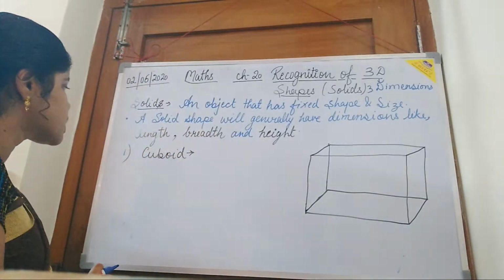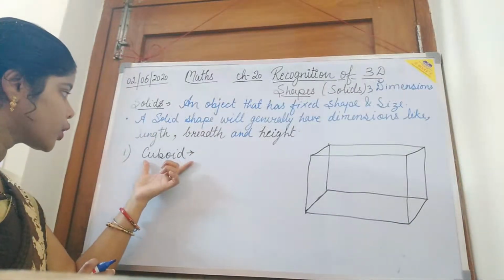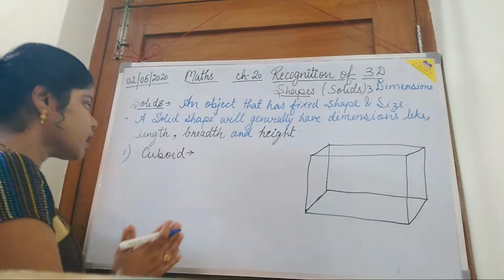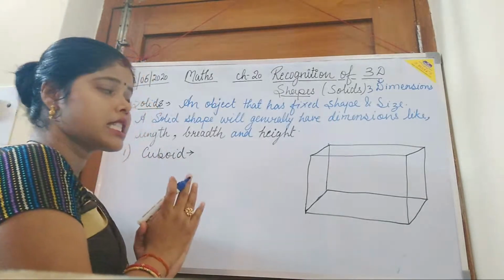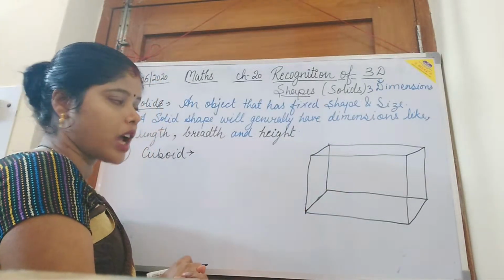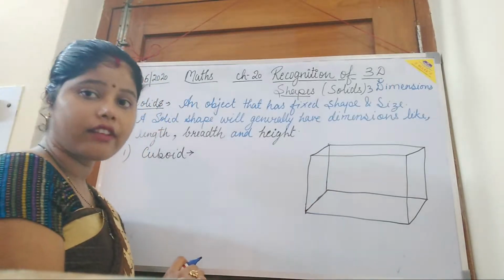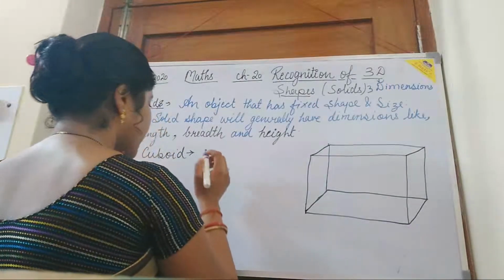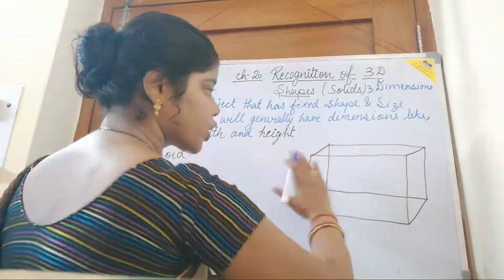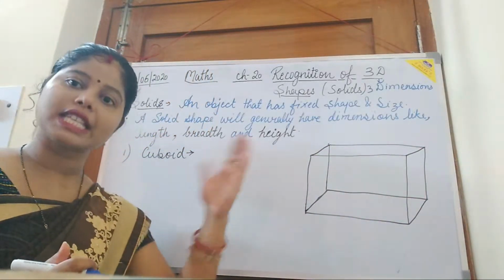First, we will discuss the cuboid. A cuboid has 6 faces, 12 edges and 8 vertices. In a cuboid we have 6 flat surfaces, for example a brick, which also has 6 faces.